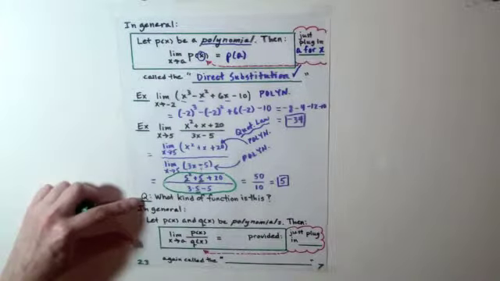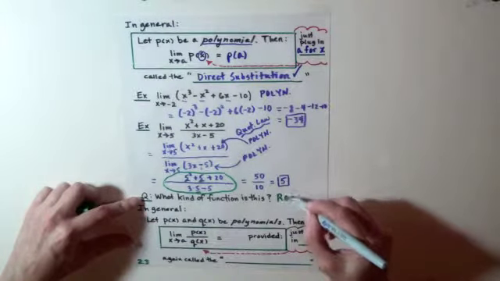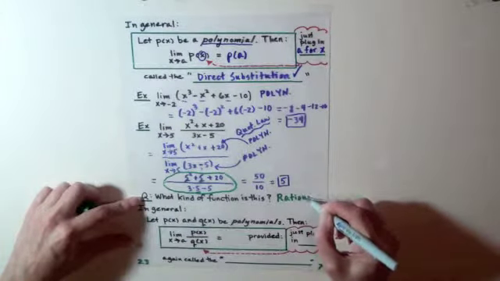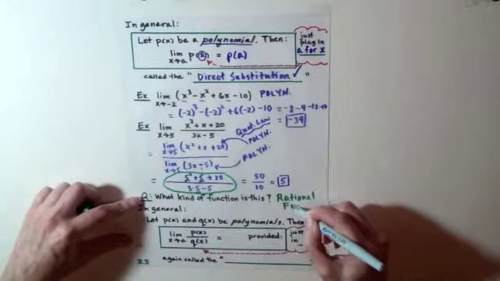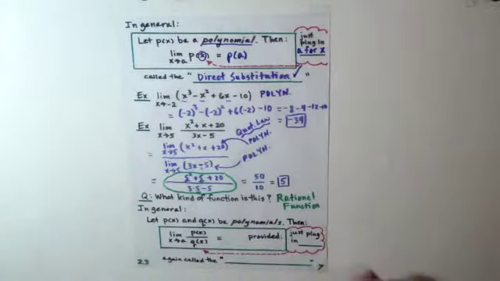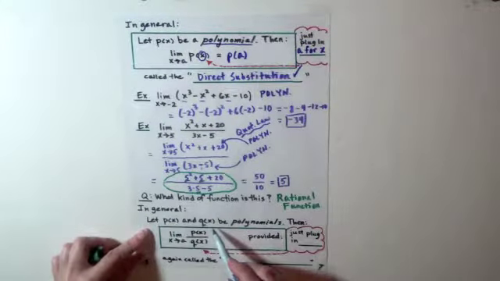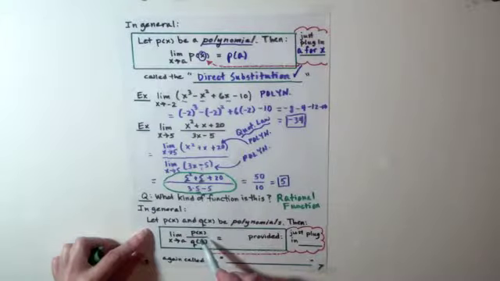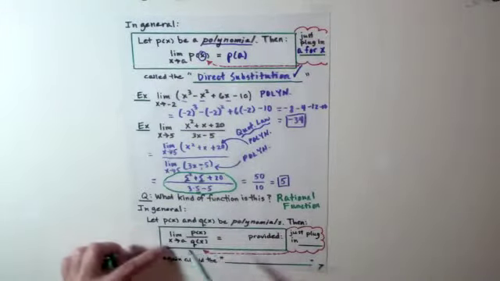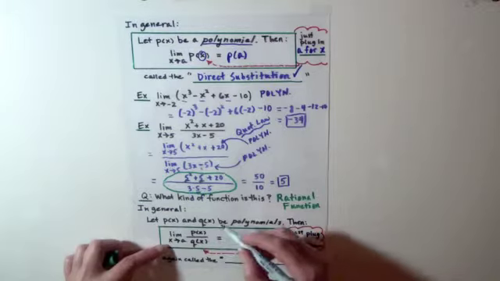So this question down here, what kind of function is this? We actually already answered that. This is a rational function. It's one polynomial divided by another. And in general, we could use the same argument for any rational function. If p of x and q of x are polynomials, p of x over q of x is going to be a rational function, and the limit as x approaches a of p of x over q of x would be the same as the limit of the top.